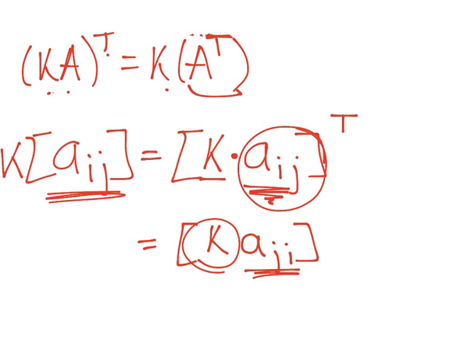So the only thing you get the transpose of is the matrix, and the entries change from J to I.